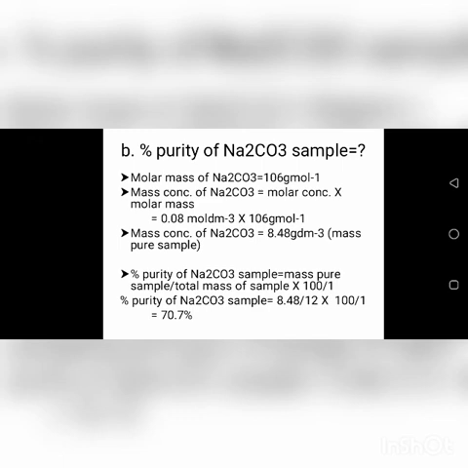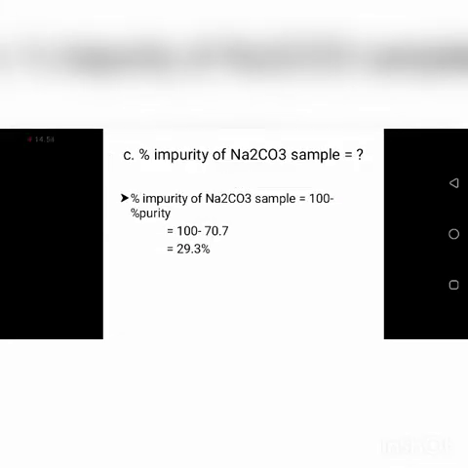So that is the total mass of sample, divided by 12 times 100 over 1. At the end, you get that percentage purity of sodium carbonate in the sample will be 70.7%.